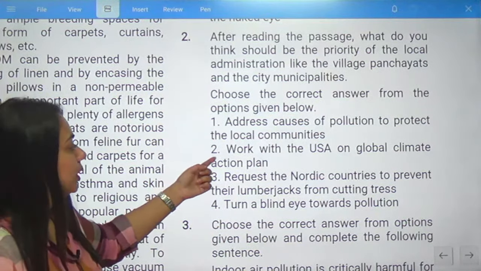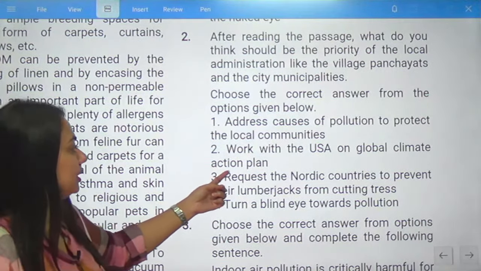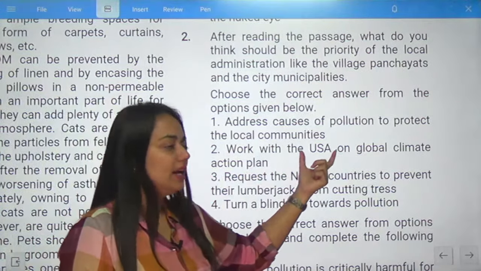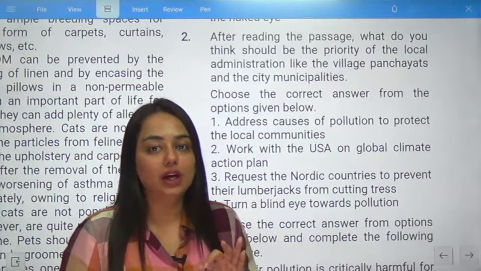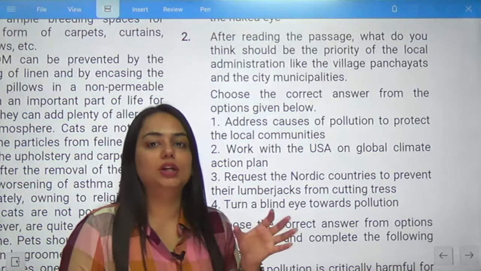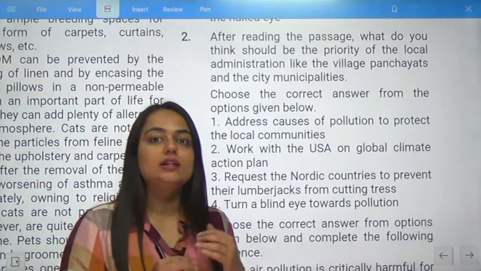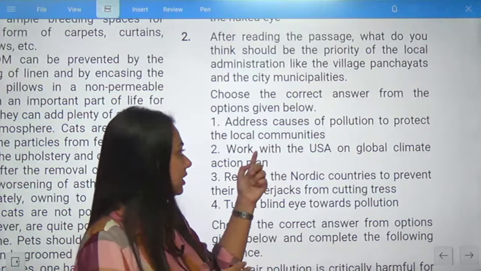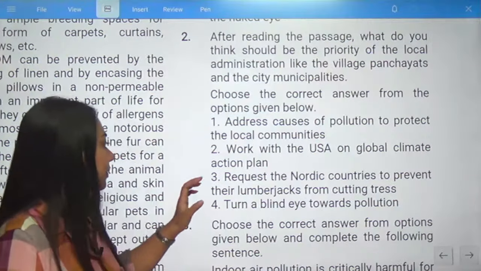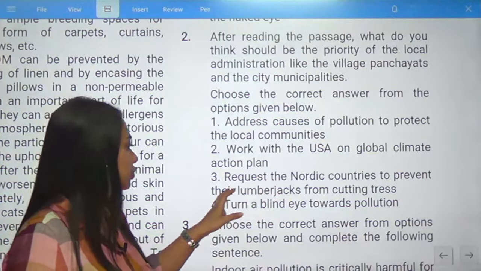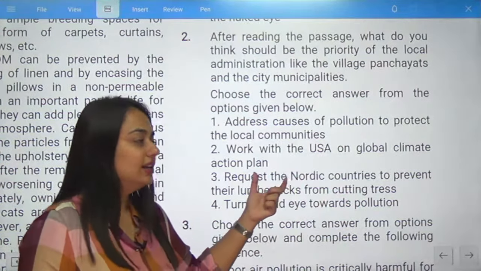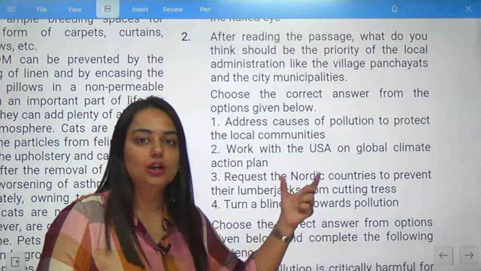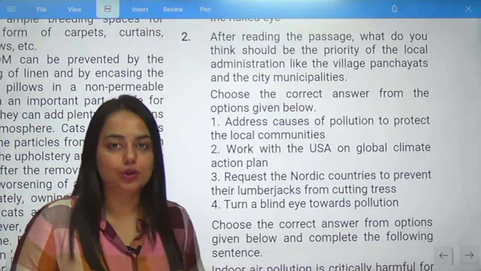Second one is work with USA on a global climate action plan. So why are we mentioning USA? जब पैसेज में हमें कोई ऐसा proof दिया नहीं था, it was not mentioned that it's particular to USA. It is out of the context. That is the reason we can easily eliminate the second one. Request the Nordic countries to prevent their lumberjacks from cutting trees. So Scandinavia, Finland जैसे जो countries हैं, we call them Nordic countries.